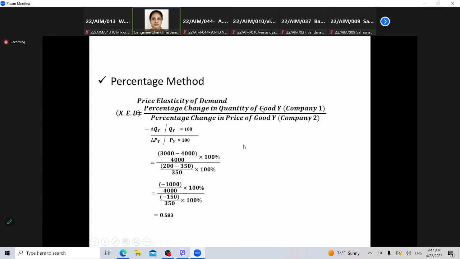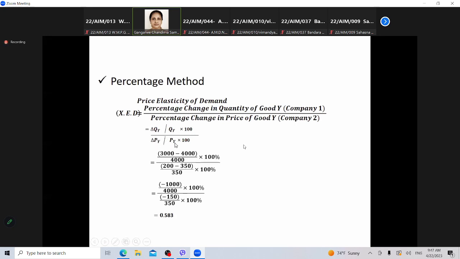First we discussed two goods, but now the same good in two companies. So at least you understood that it is somewhat different from what we discussed.